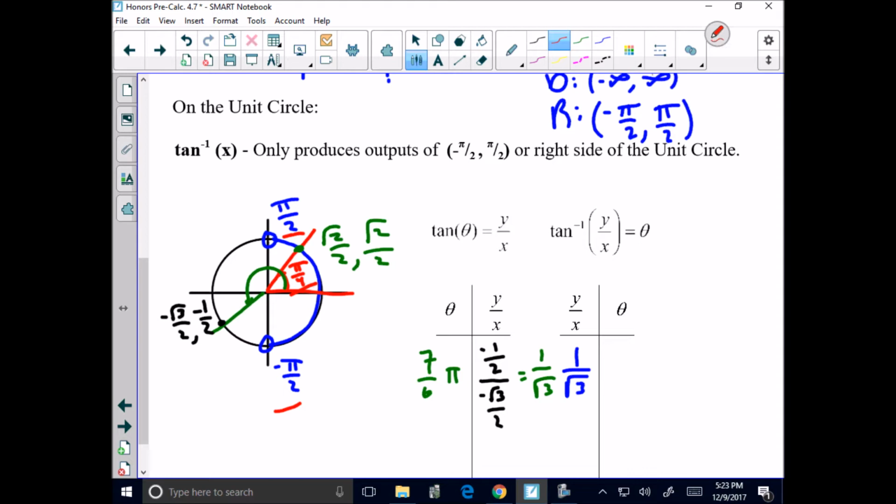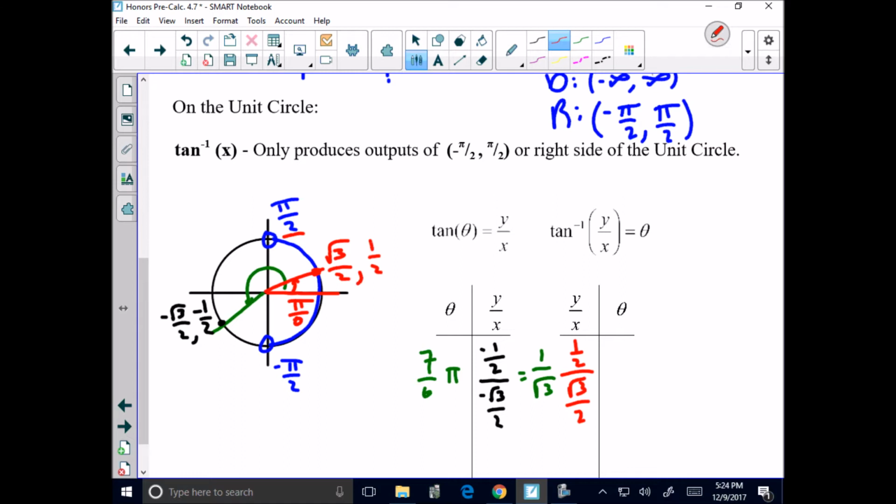So a trick for evaluating inverse tan is wherever we see that square root of 3, we want to interpret it as the square root of 3 over 2. So if inverse tan is evaluating 1 over the square root of 3, we want to see that as 1/2 divided by the square root of 3 over 2, and that happens on the right side of the unit circle at a rotation of pi over 6, where we see the x value of square root of 3 over 2 and the y value of 1/2.